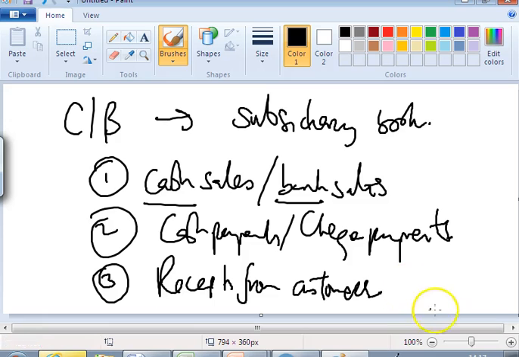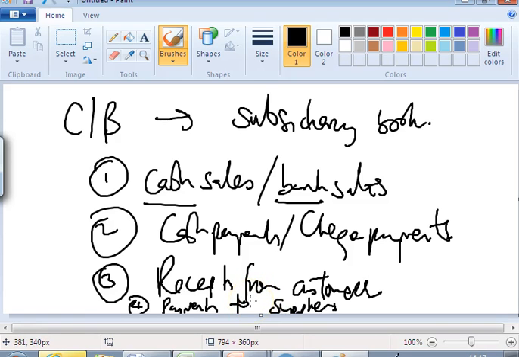So debit bank and credit trade receivable. And fourthly, payments to suppliers, which is pretty much the opposite of 3, when we pay our suppliers. Because we have bought from them earlier on credit, and now we're paying them.